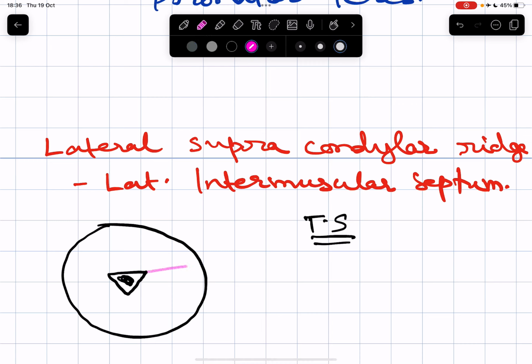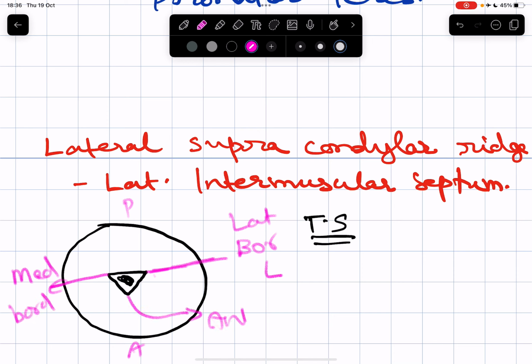Let us say this is medial, this is lateral, this is anterior, this is posterior. So this is the lateral border, this is the medial border, and this one is the anterior border. Now we have the anterolateral surface, this is the anteromedial surface, this is the posterior surface.